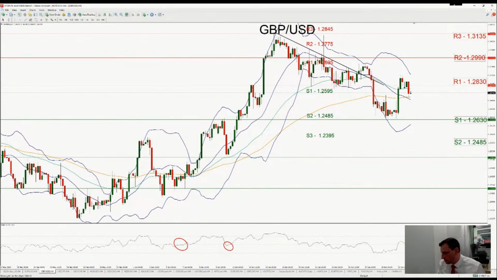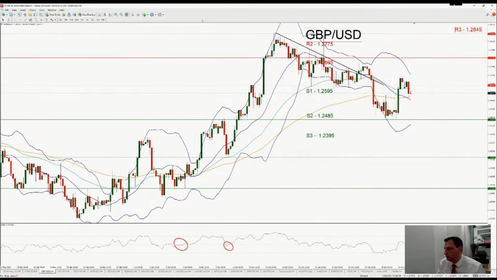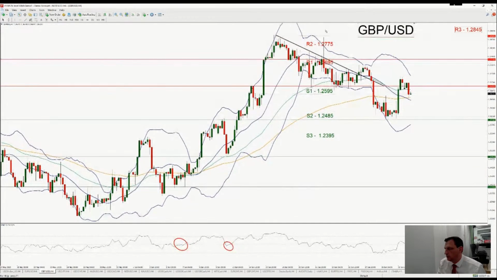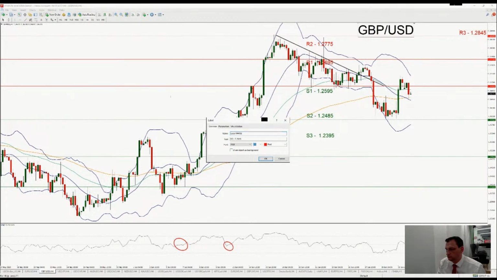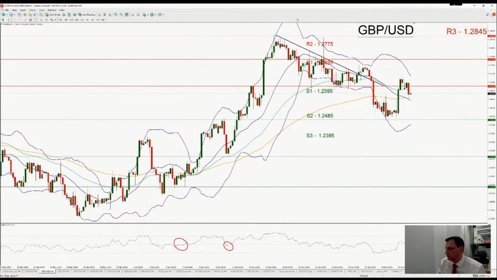Let's clear the chart. Magnified a little bit the labels so we get a better view of them.